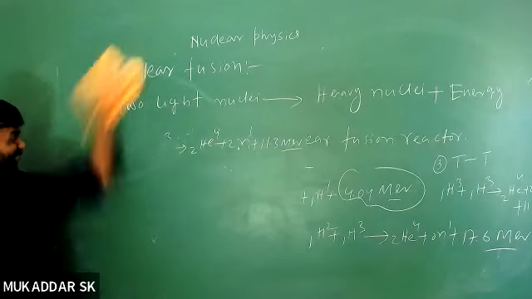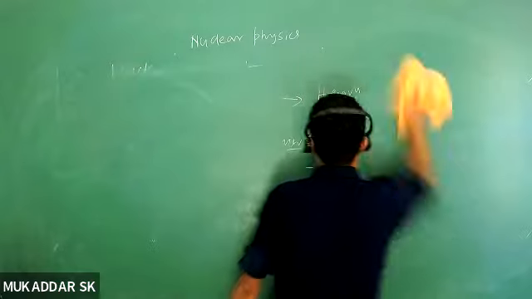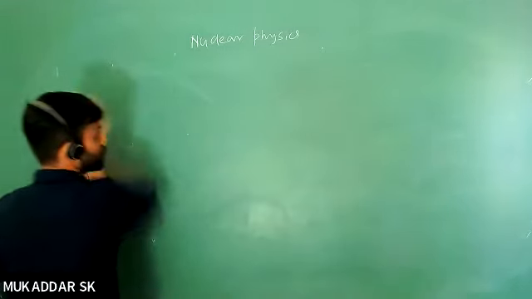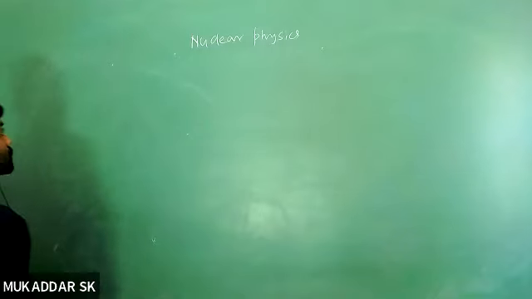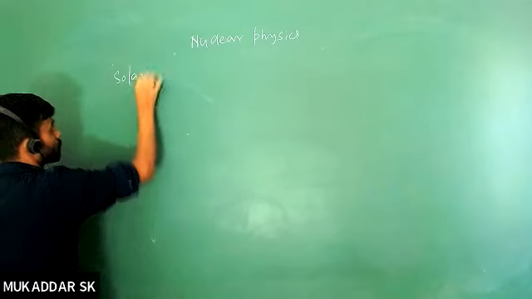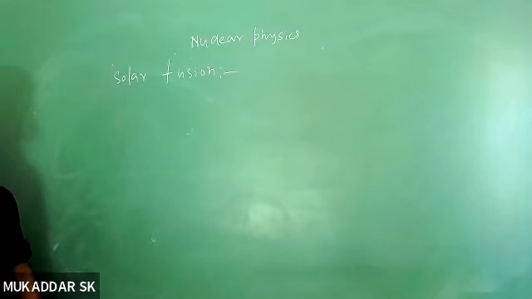Now, solar fusion. That is your last topic. In the sun and stars, in most cases, they contain lighter elements like hydrogen. A few stars basically contain lighter elements as well as relatively heavy elements.